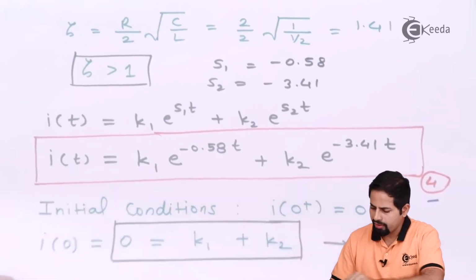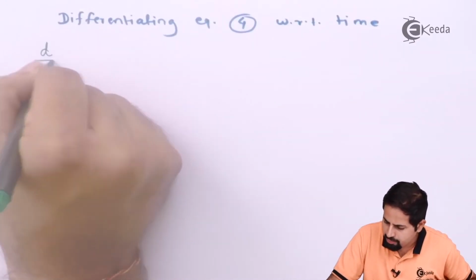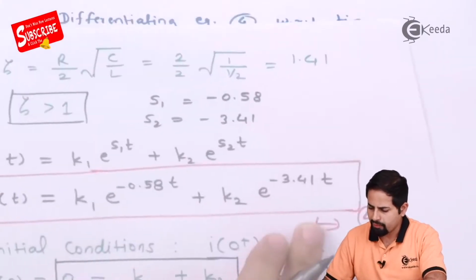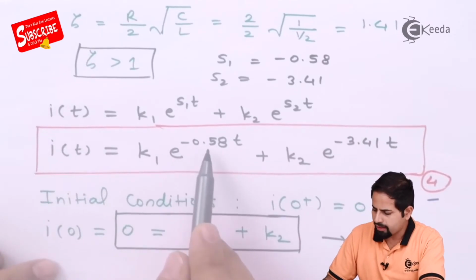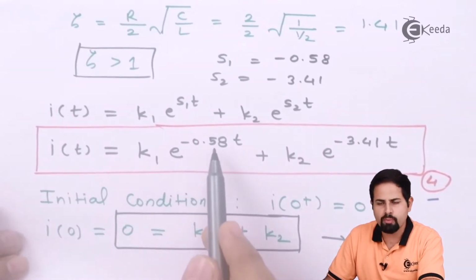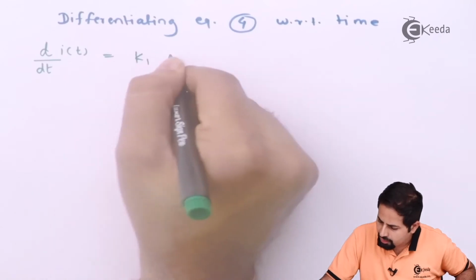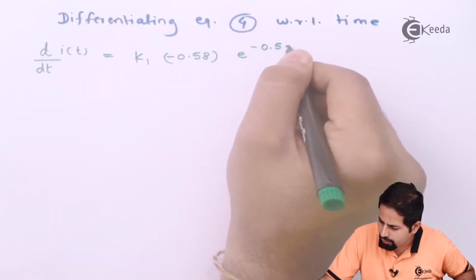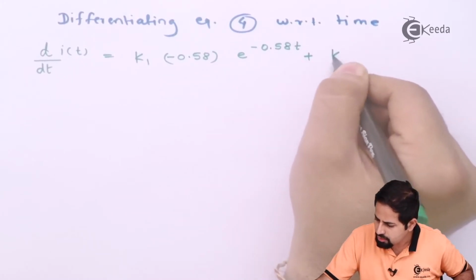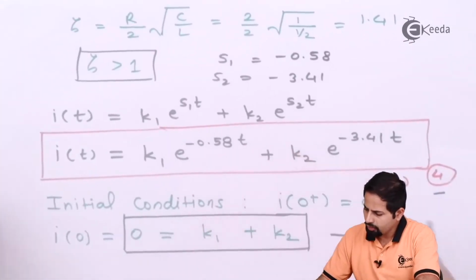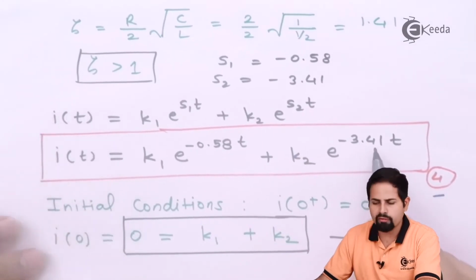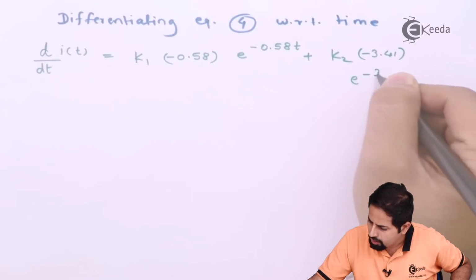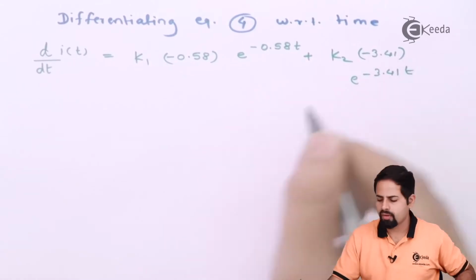So we will do it accordingly. d by dt of i of t will simply become k1 into minus 0.58 into e raised to minus 0.58 t, plus k2 into minus 3.41 into e to the power minus 3.41 t.